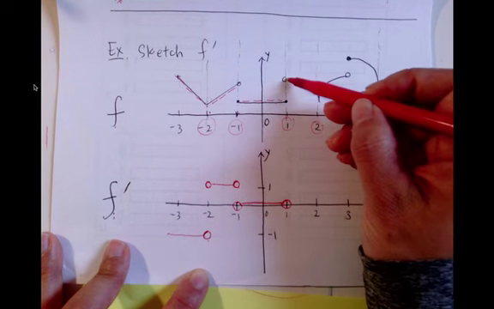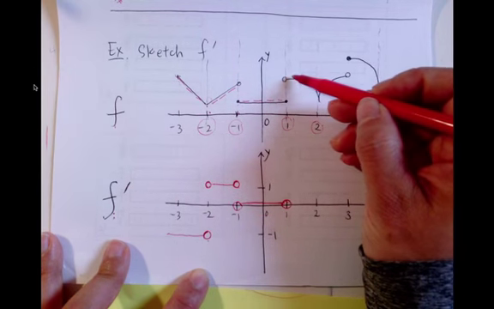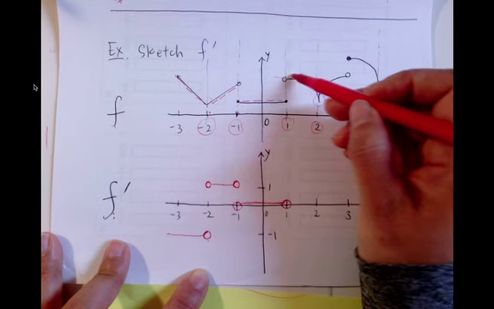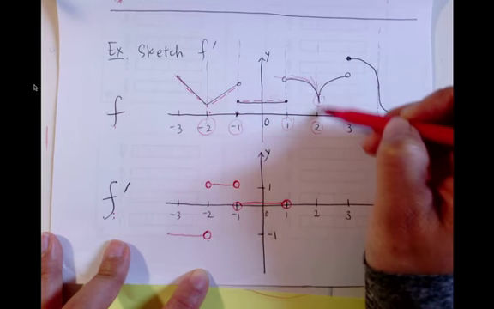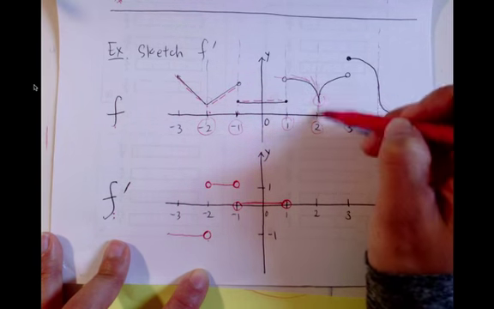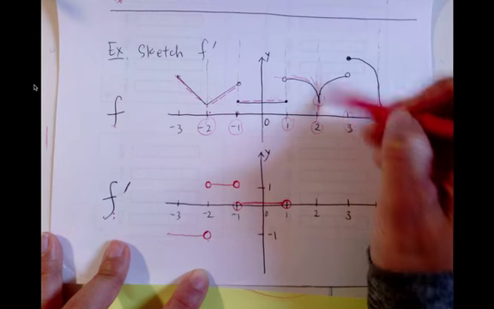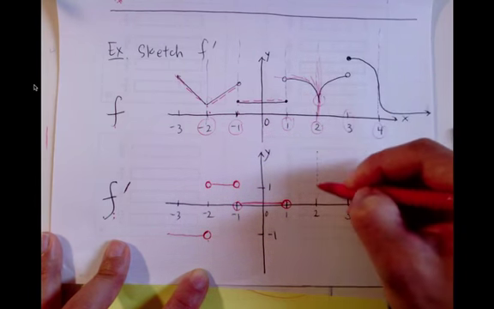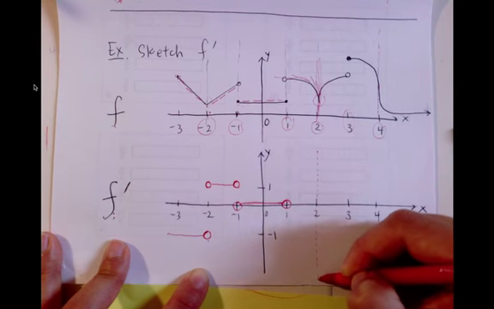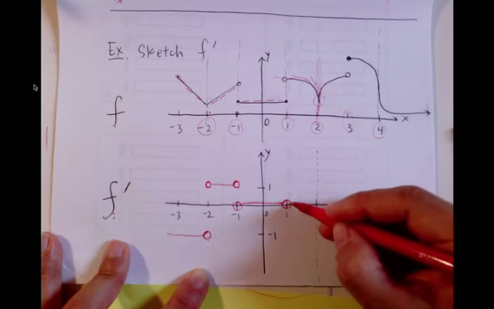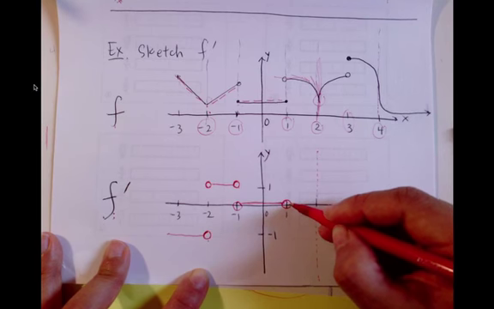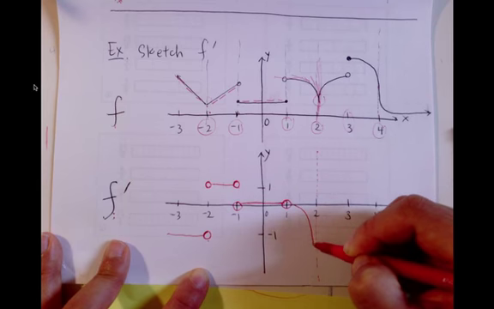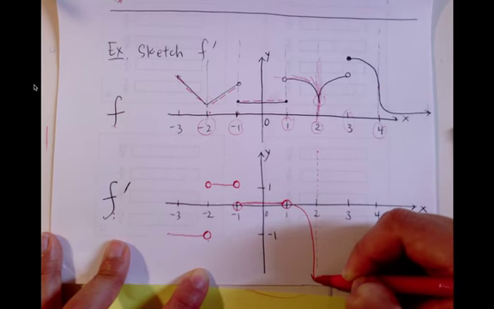When I get over here, what's happening around this cusp is that the slopes of the tangent line start off around 0, but then they get extremely steep, approaching a vertical line, like a vertical tangent. So what that looks like down here is that my tangent lines start around 0, but then they get very steep with negative slopes.